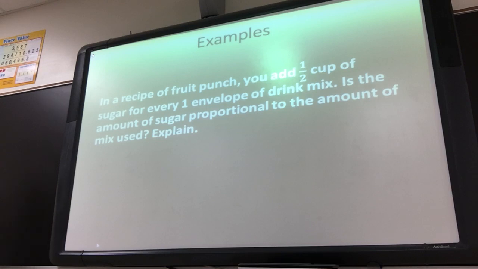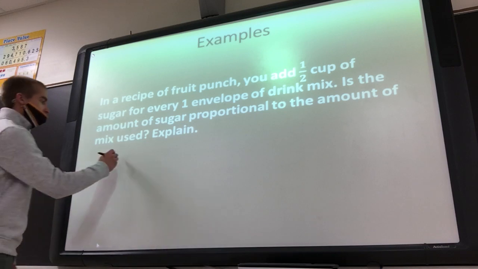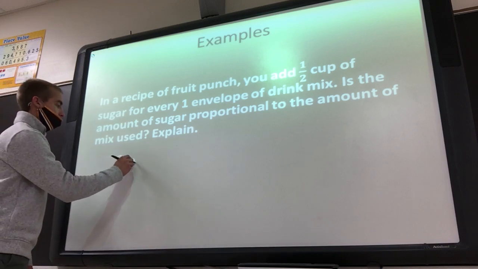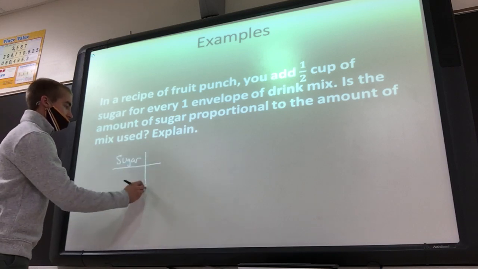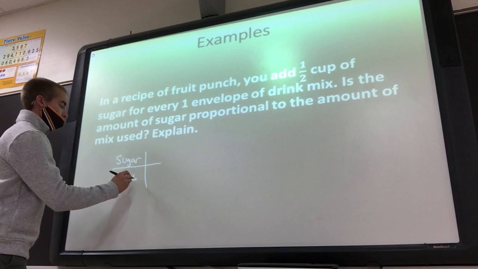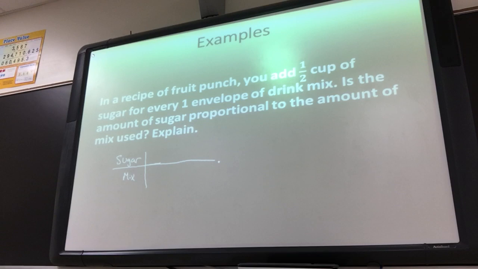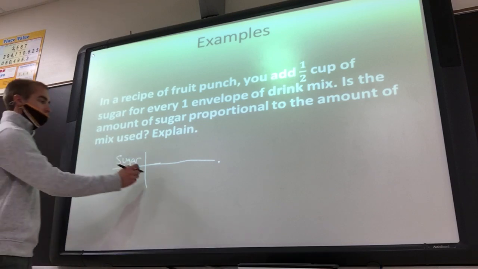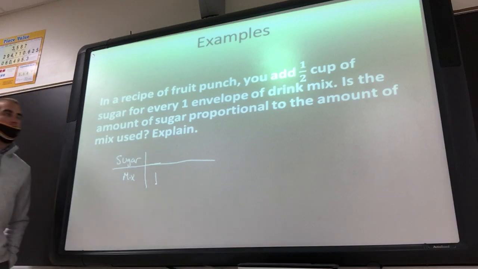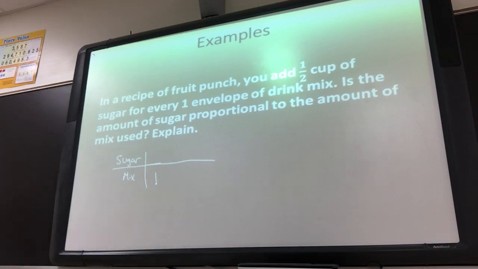Go ahead, Taylor, what are we comparing? Okay, amount of sugar and the amount of mix. Right? So 1 envelope of drink mix, what's going to go under sugar? 1.